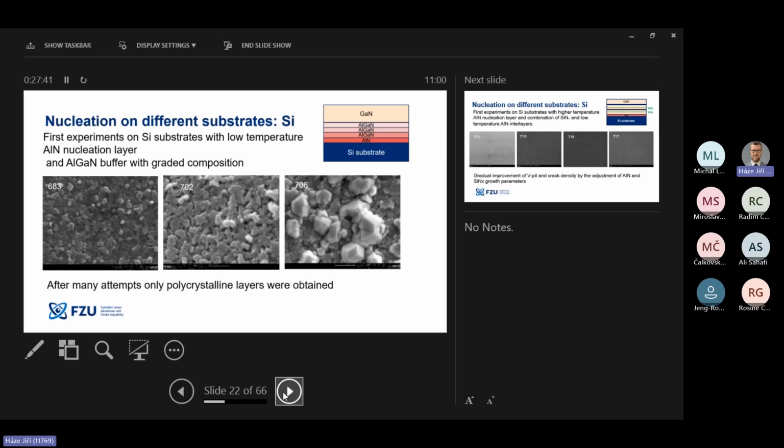You get a nucleation and coalescence layer, and then you decrease the AlGaN towards GaN, which also helps to manipulate the bowing after the growth. But unfortunately, here we were not successful. We got terrible surfaces. After many attempts, we didn't reach the goal of getting a flat surface.